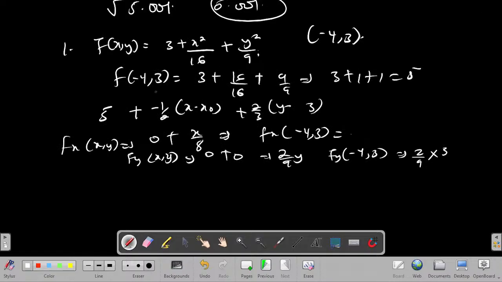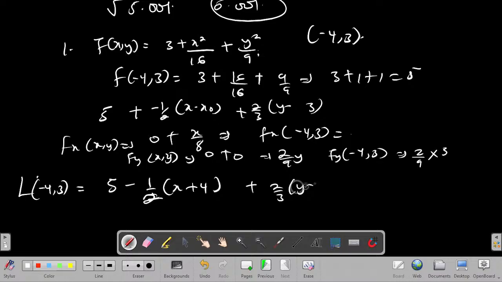So let's simplify. We simply have 5 minus 1 over 2 multiplying x, and our x naught is negative 4, so plus 4. So our linear approximation at the point negative 4, 3 equals 5 minus 1 over 2 multiplying x plus 4, then plus 2 over 3 multiplying y minus 3.